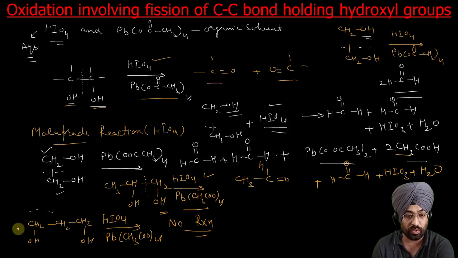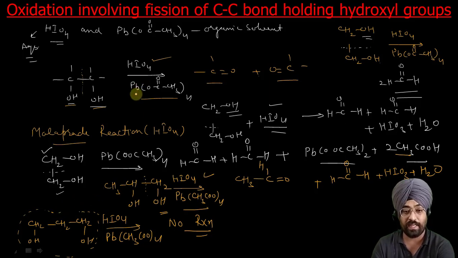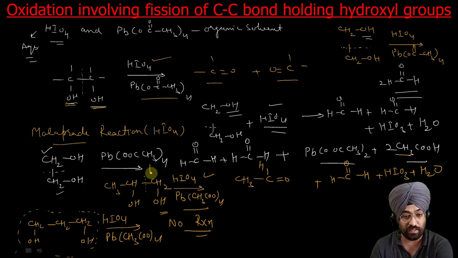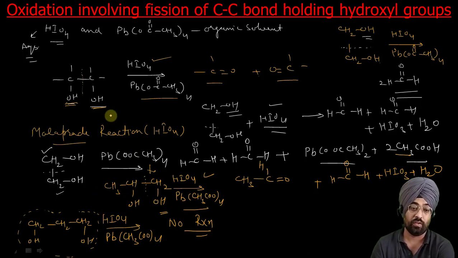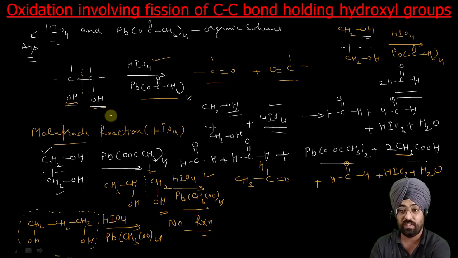Only those compounds in which the OH groups are attached to adjacent carbons react with HIO4 and lead tetraacetate and undergo oxidation with carbon-carbon cleavage. Like in this compound they were not attached to adjacent carbons, so no reaction takes place. So you have to be very careful.